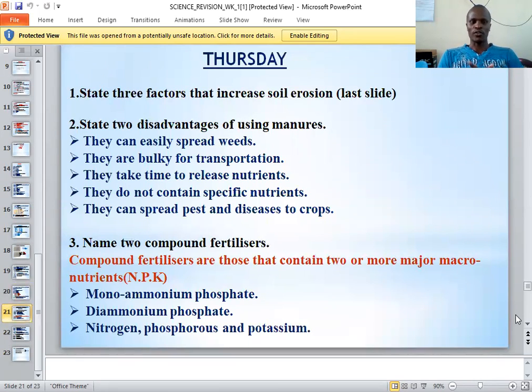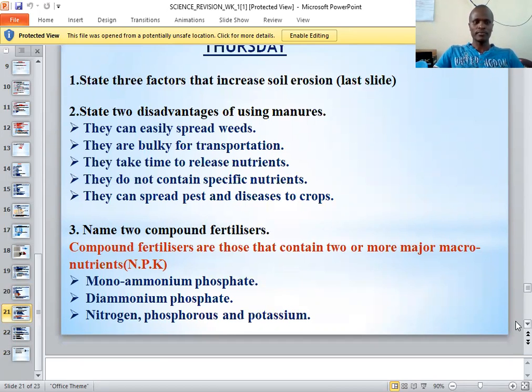When we talk about macronutrients, you know them, okay? But the major ones, we say there are 3. We have nitrogen, phosphorus, and potassium. So when we are grouping these fertilizers, we group them depending on this: nitrogen, phosphorus, or potassium. So compound contain 2 or more, and we only have 3 of them. We have monoammonium phosphate.